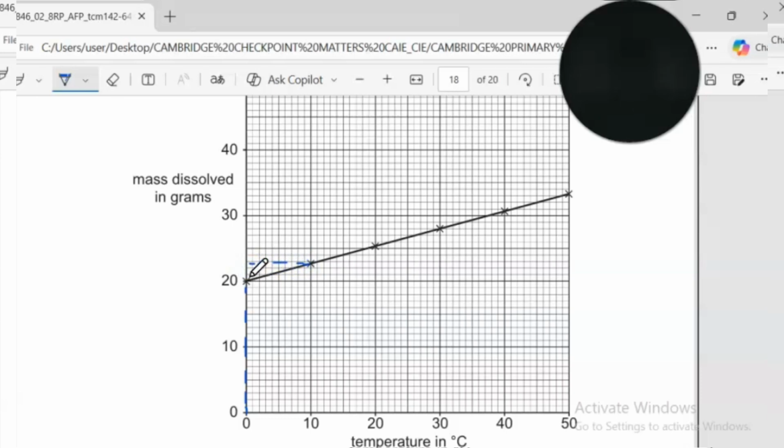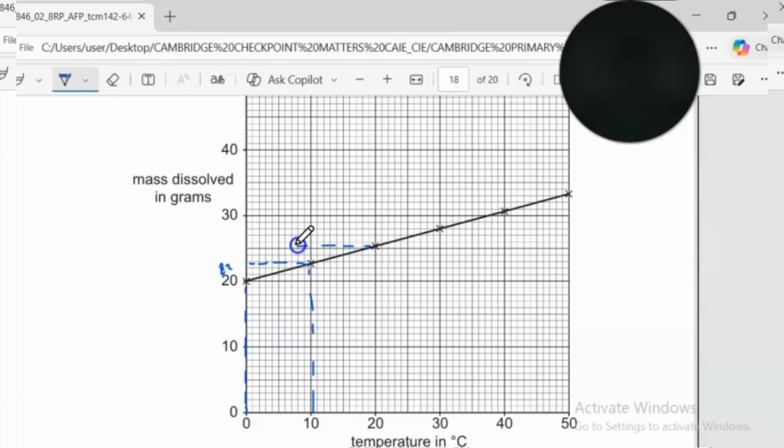At mass 22 grams, he recorded 10 degrees centigrade. So this is 22. Take note on the graph. Then let me trace this to the temperature.